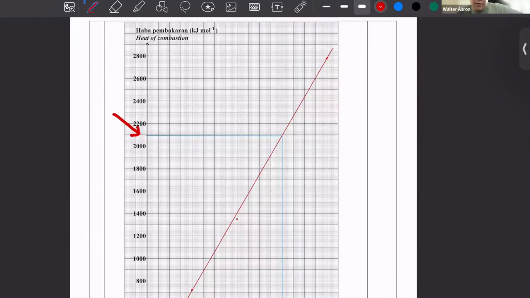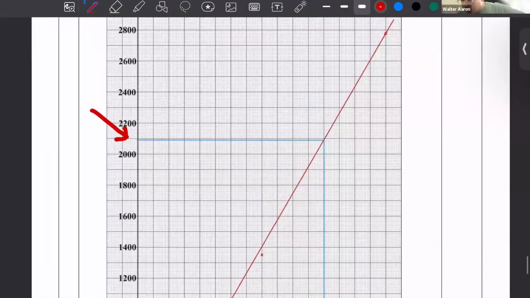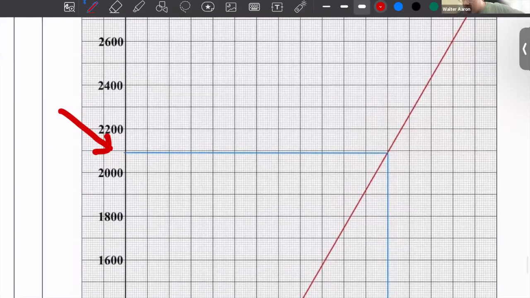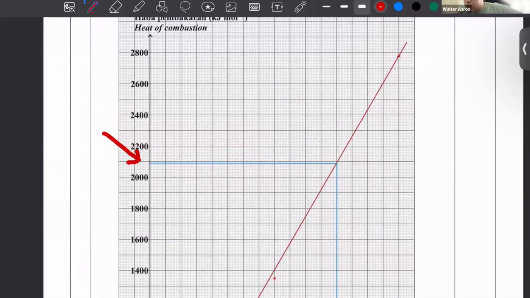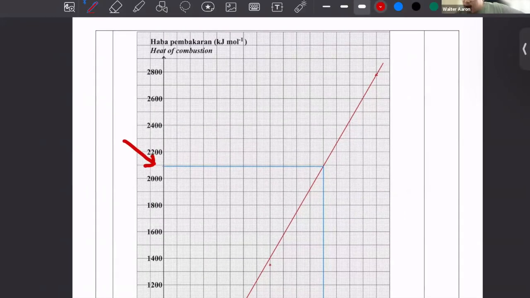After drawing the blue line, we can see that the heat of combustion is this point over here. And the value that is produced here should technically be close to 2,100, but it's slightly lower than that. It's supposed to be 2090. So 2090 kilojoules per mole is the value that you're supposed to get. After tracing it back, you can go back to the question and write that answer. So that is how we get the answer for propanol.